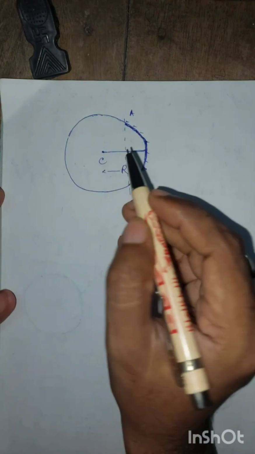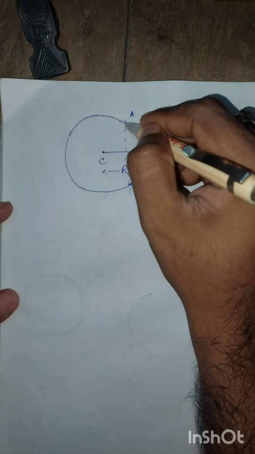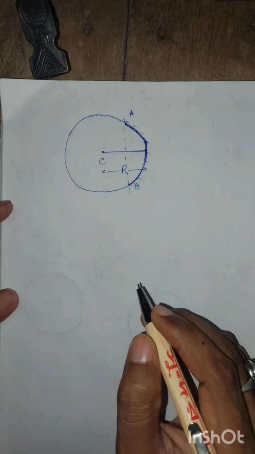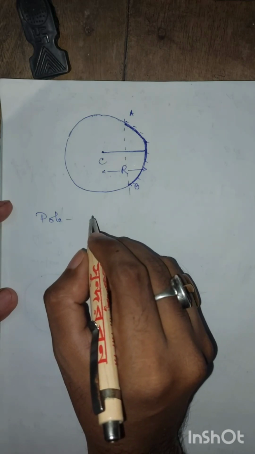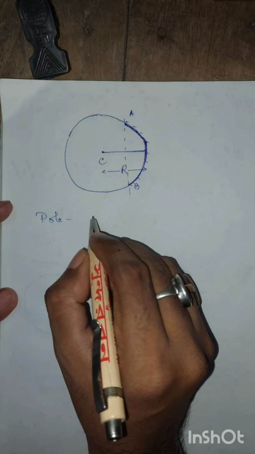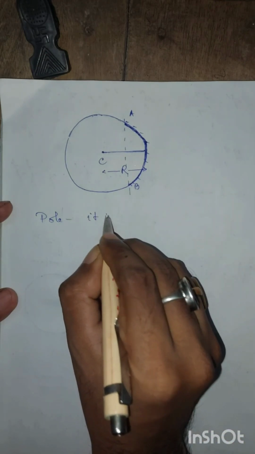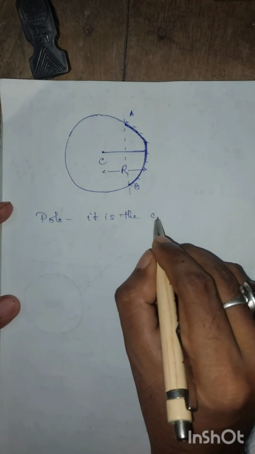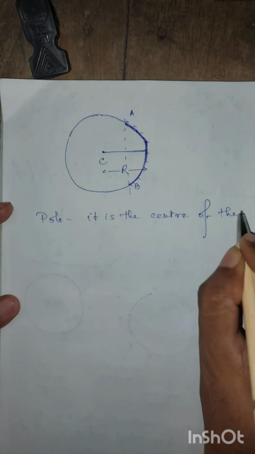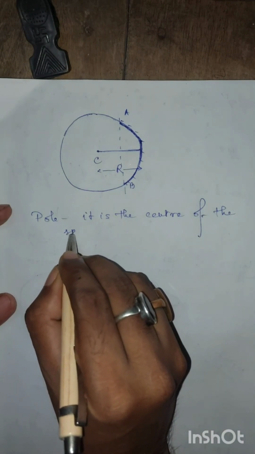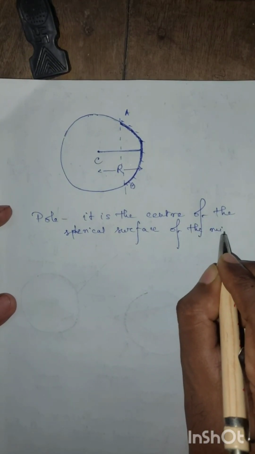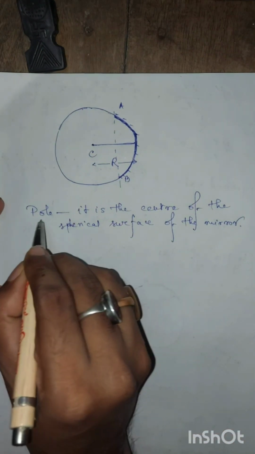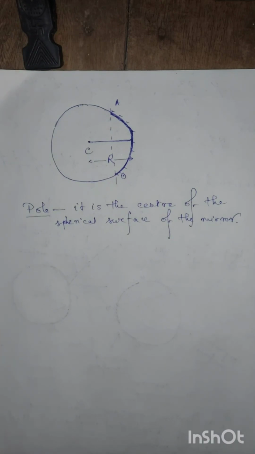Now, if we extend, okay, now pole. It is the center of the spherical surface of the mirror.